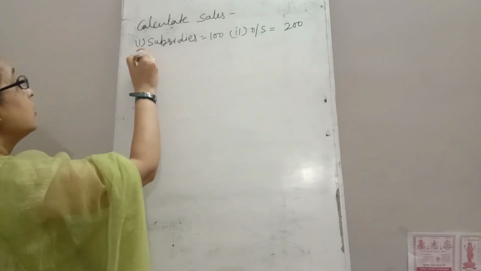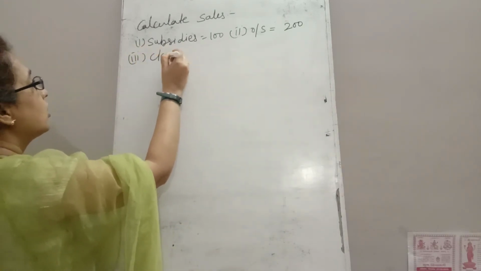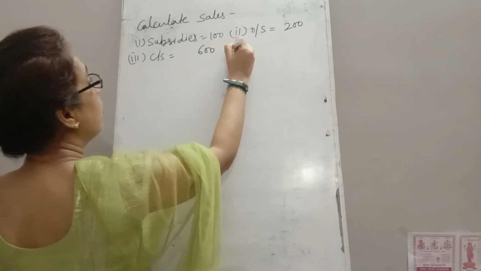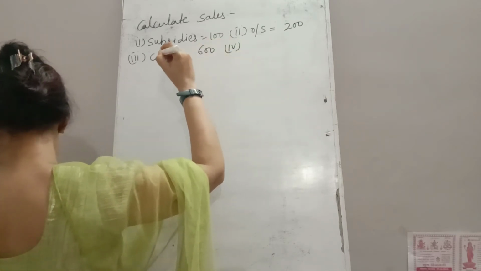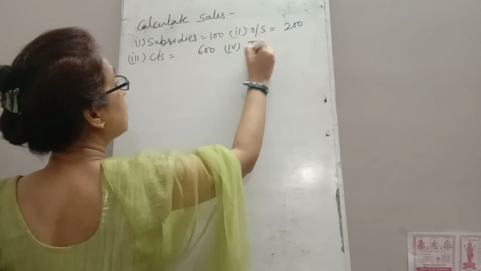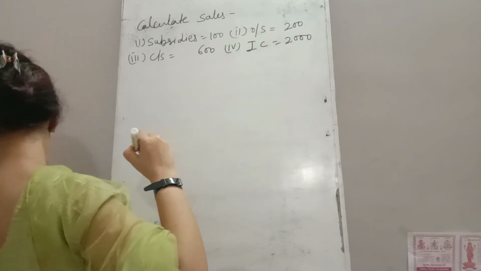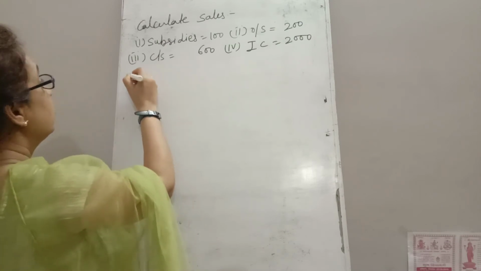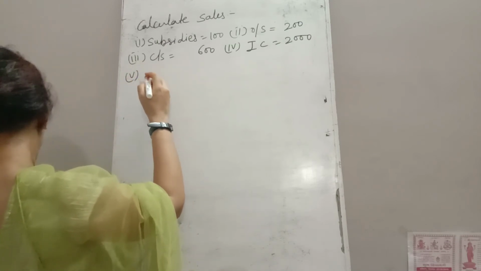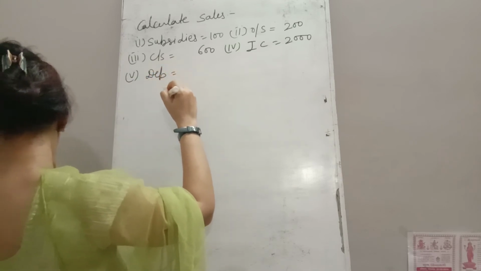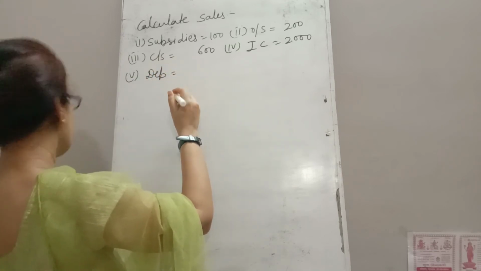Third, closing stock, it is given 600. Fourth, intermediate consumption equal to 2000. Fifth, depreciation, which is given in your question as 500.